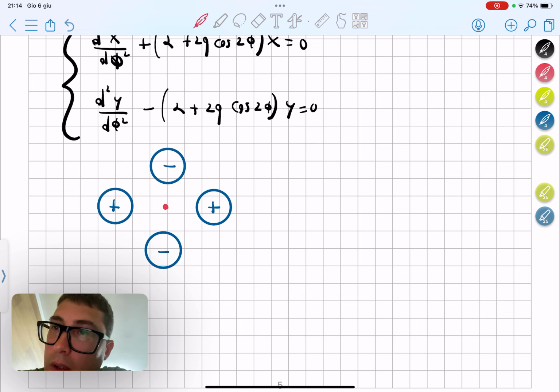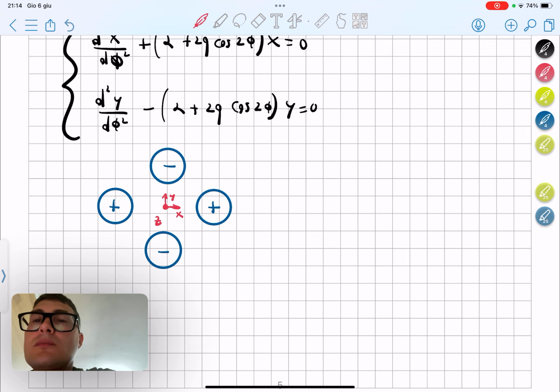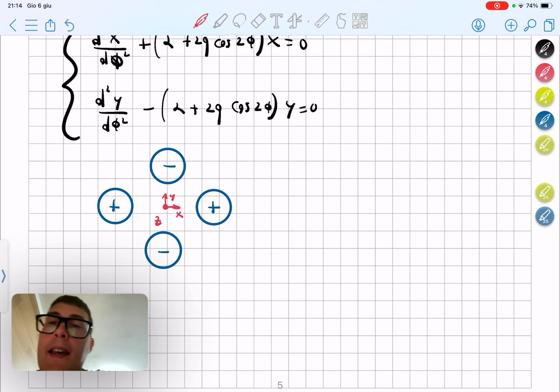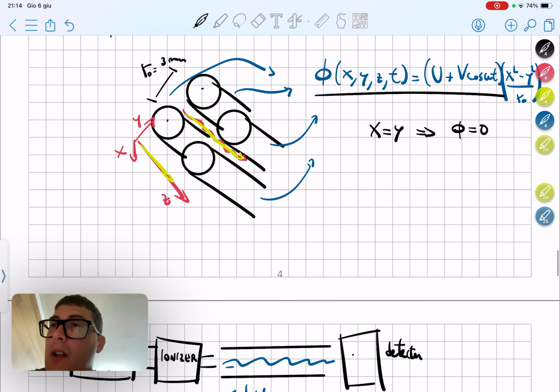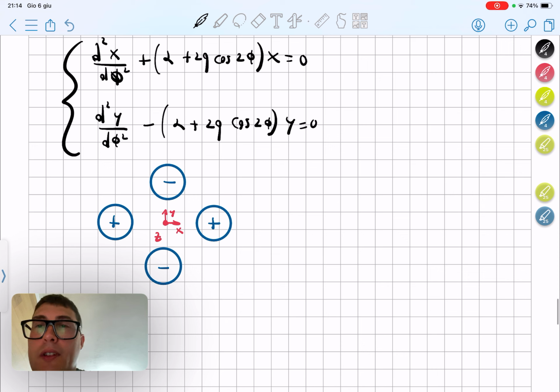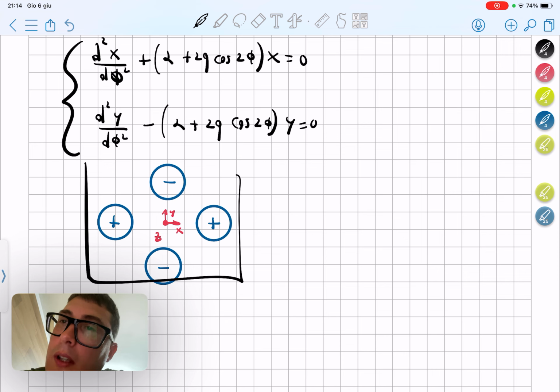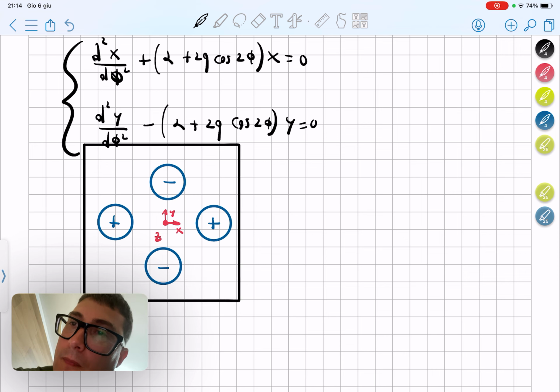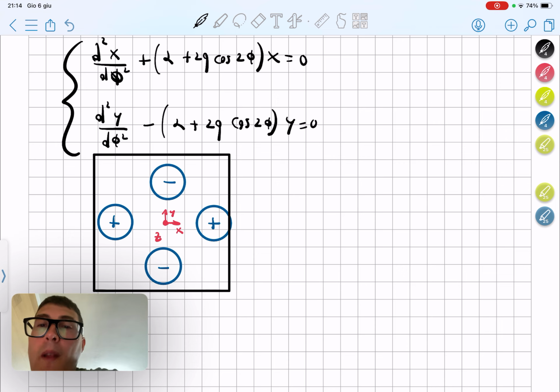The z direction is in this one. This is x and this is y. Okay, so let's see what happens in this cross section. I essentially made a cross section of this one, like I make a cross section here, and I'm looking at it in the cross section. So this one is the cross section that I drew above, because I want to see what happens to our ions as they are crossing these 4 rods.